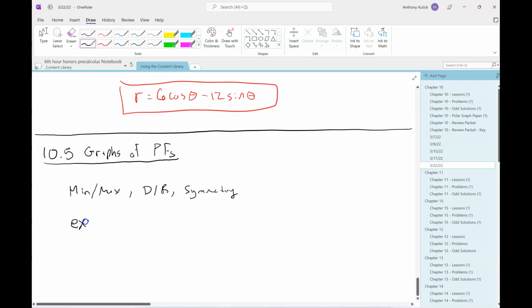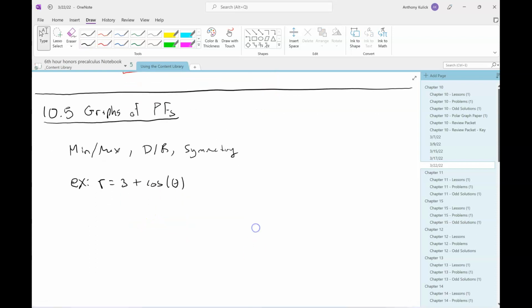So let's just look at an example here. Let's say we have the polar function r is equal to 3 plus cosine theta. And let's start by being interested in just the mins and the maxes.